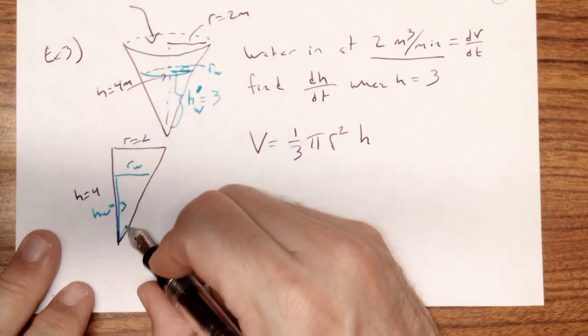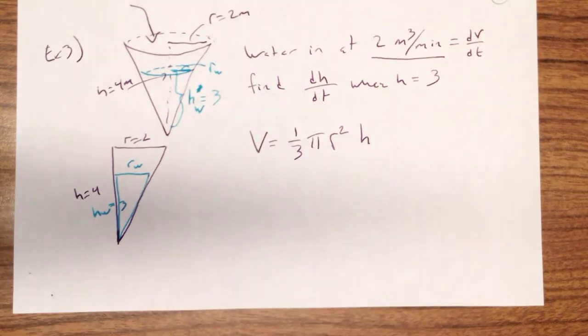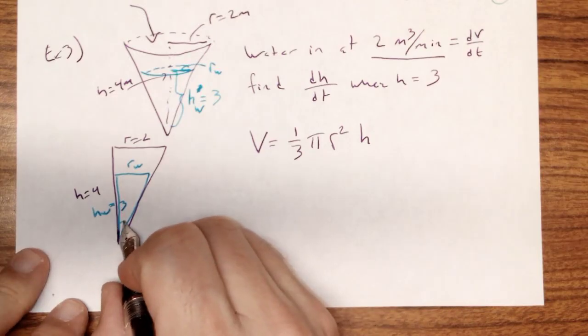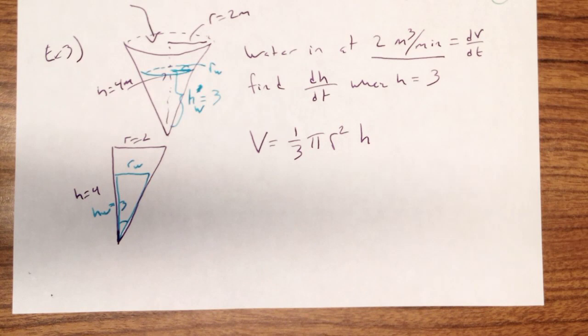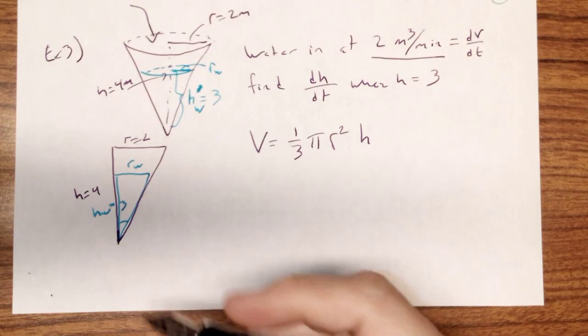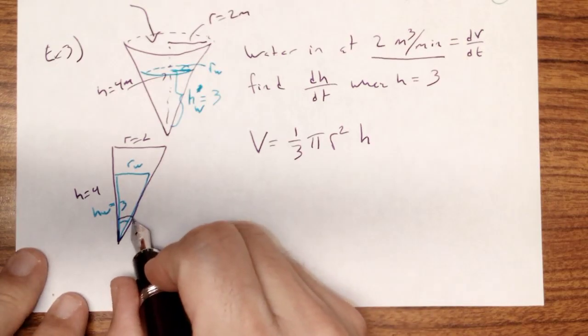But if I think about the blue triangle versus the purple triangle, those triangles have a lovely geometry property. They share this angle right here. That's the same angle in both of these triangles. It's the same angle in the blue triangle as it is in the purple triangle.